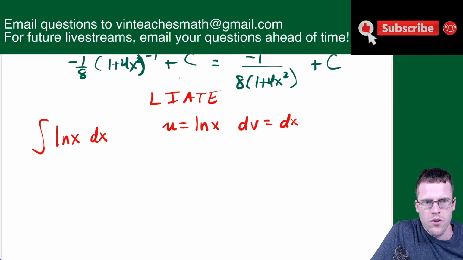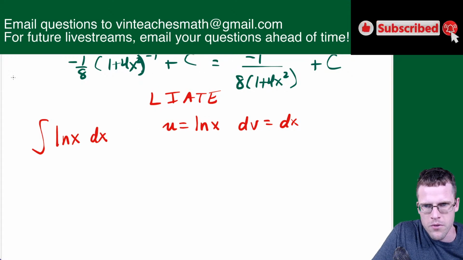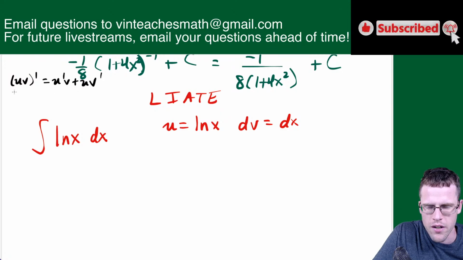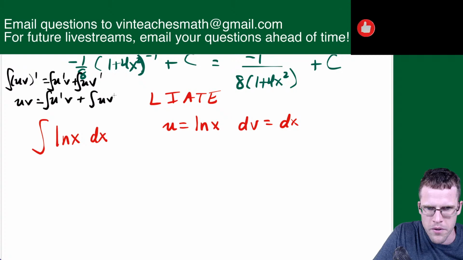Now let's say, oh no, I forgot the formula. Remember, the proof was you take the product rule and then you reverse engineer it. The integral of all of these, and then this is uv equals u prime v plus uv prime.